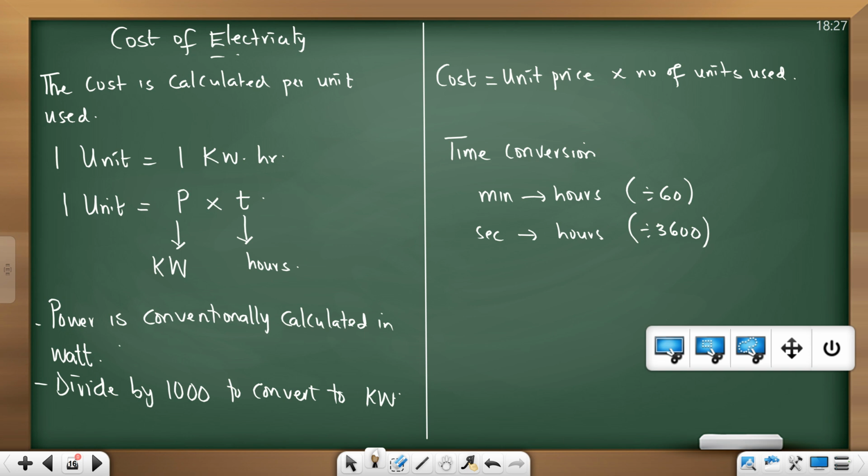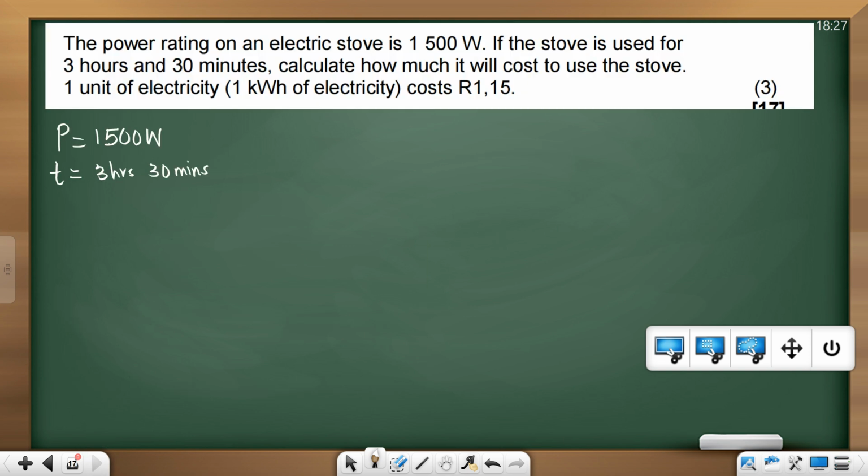So if I have 3 hours and 30 minutes, how many hours is that? I want my time in hours.